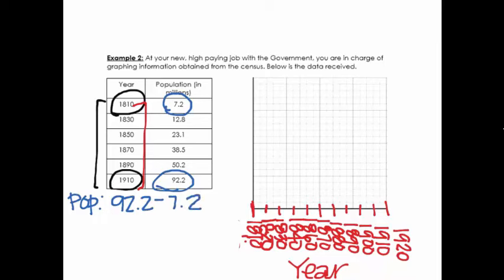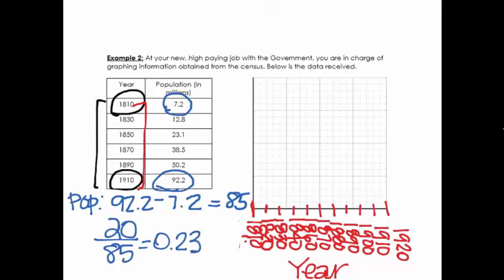When we subtract this, we end up with 85. So if I do the same thing like I did before, I had 20 boxes divided by 85. I get 0.23.